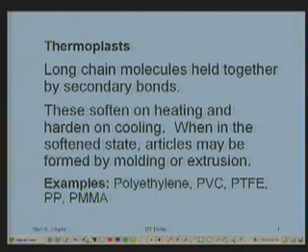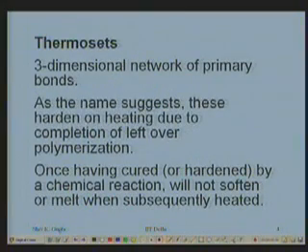Then on a similar basis, on the basis of heat behavior, we find another material, which are thermosets. Structure wise, these are usually a three-dimensional network of primary bonds, like the network polymers I showed.